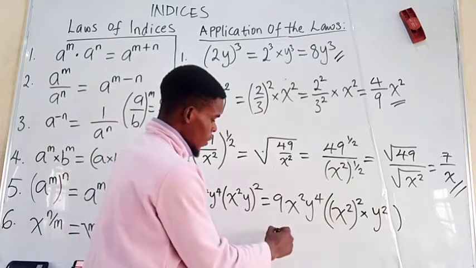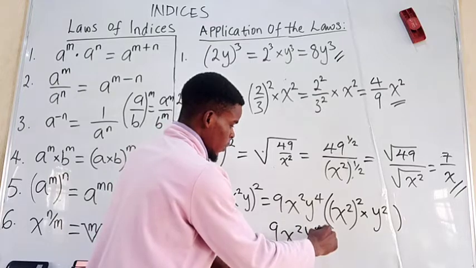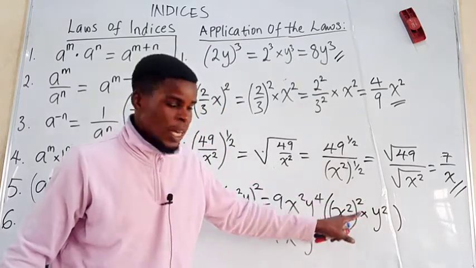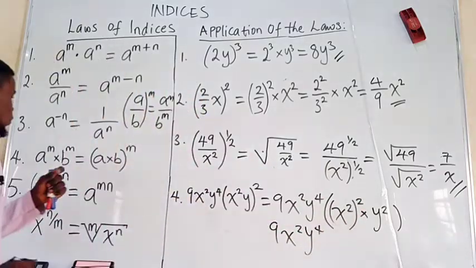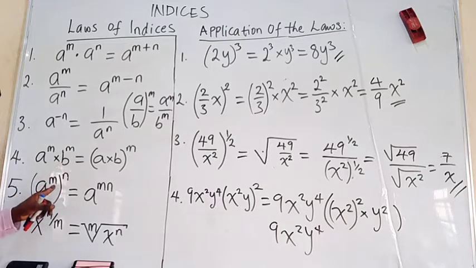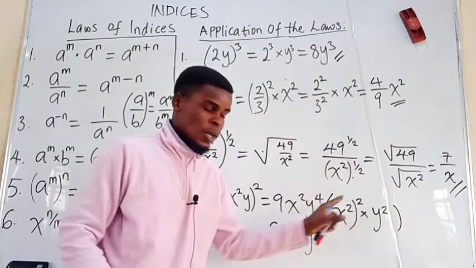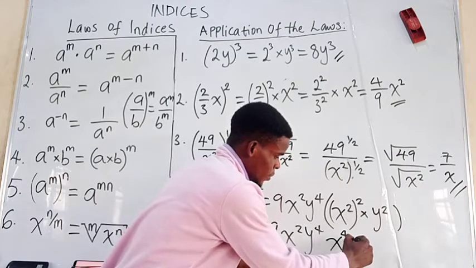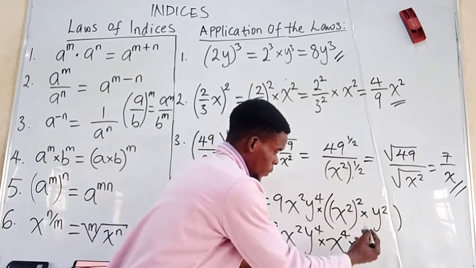So here we're going to evaluate everybody here. We're going to have 9x squared times y to the 4th power, and this is x squared to power 2, alright? And the result is being raised to power 2. Well, whenever we're having a to power m, and that is being raised to power n, we just multiply the powers. So here we are going to multiply these 2 times 2. That will give us 4. So that's just like saying x to power 4. And this is times y. Maybe just put it down to show it's a multiplication.